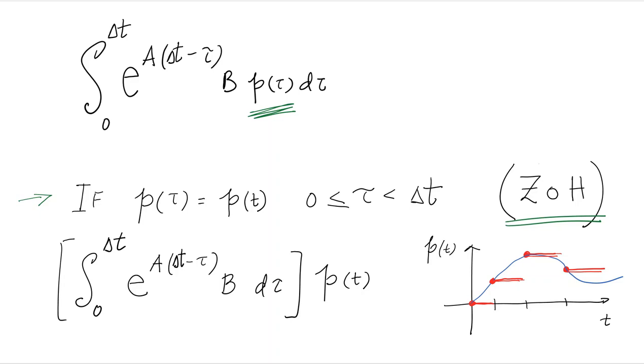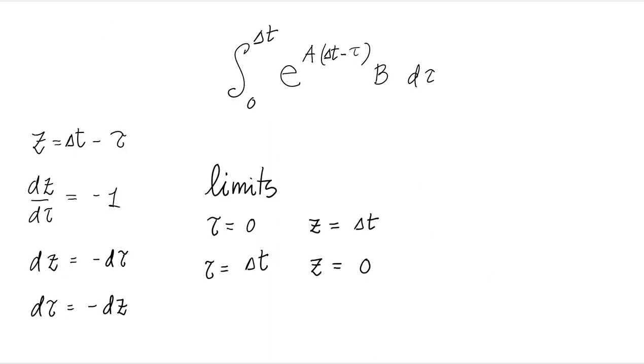So if P of tau is now constant, equal to P of t, meaning the value of the load at the beginning of the step, then we can take that P of t out of the integral. Then we are left with this integral right here to solve.